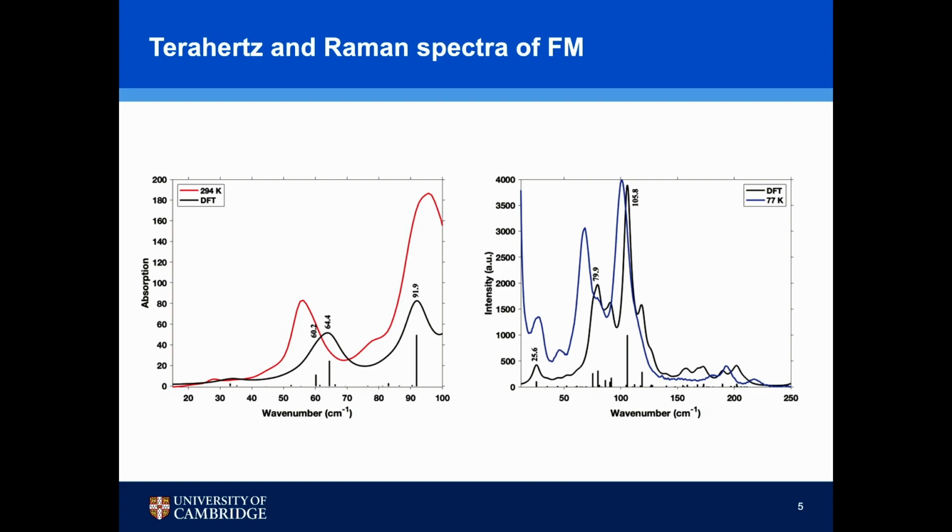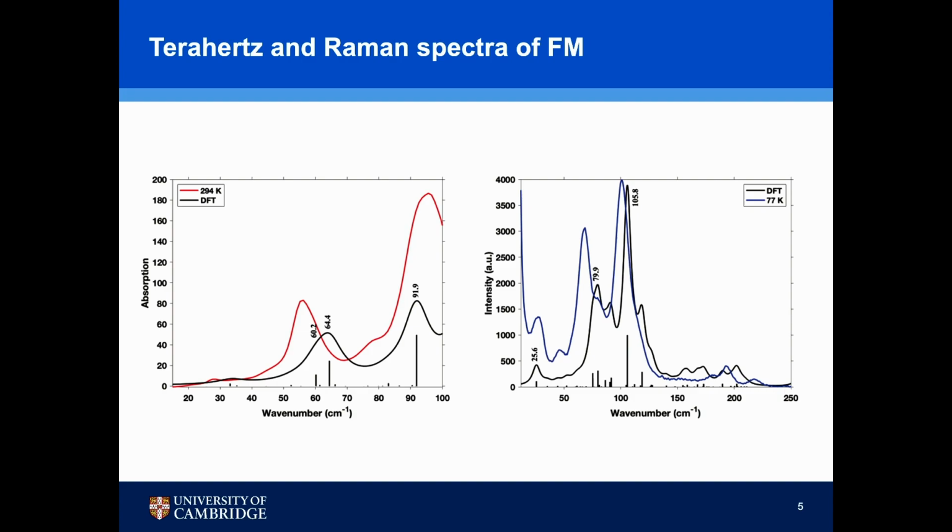We can't acquire the monohydrate form at low temperature for Terahertz spectroscopy, because whenever we cool down the system we need to vacuum it, which unavoidably triggers the dehydration process, so we can only give you a spectrum at around room temperature as a comparison. But even so, we can see it compares really well with our simulated result.